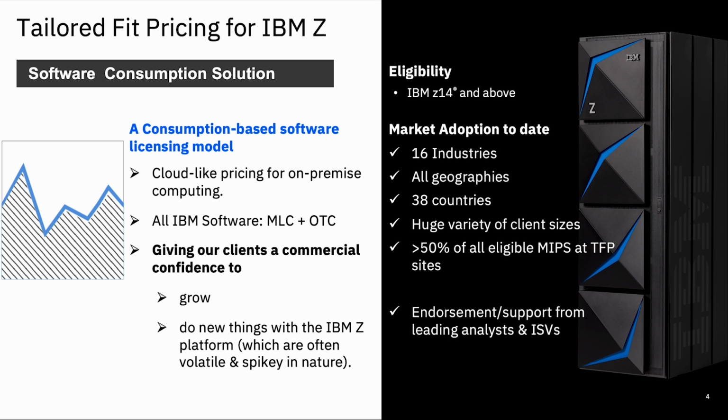And we say it's a success because every geography in the world right now has clients running tailor-fit pricing. We find this solution across 16 different industries, at least 38 countries around the world, all sorts of sizes of customers. We have clients that are really small, we have customers that are really large, and all of them can benefit from the right tailor-fit pricing structure.